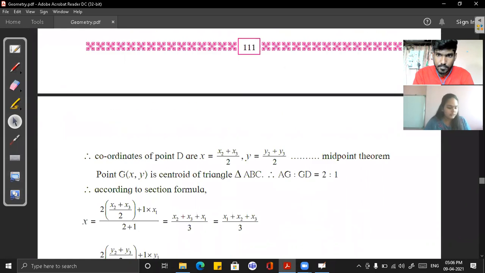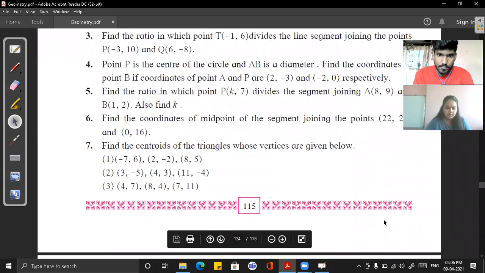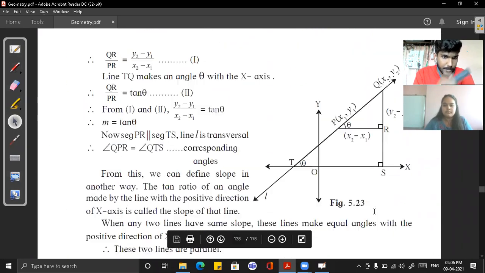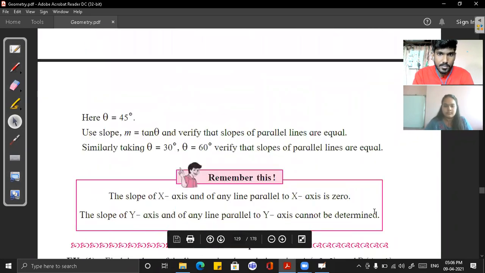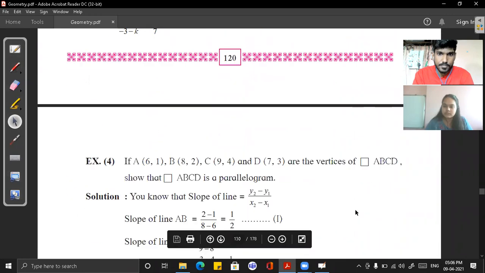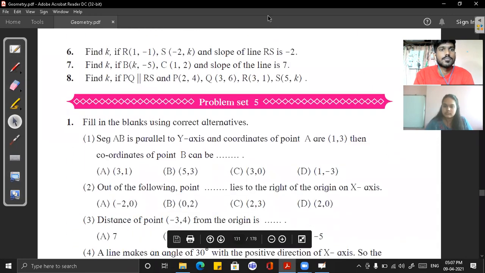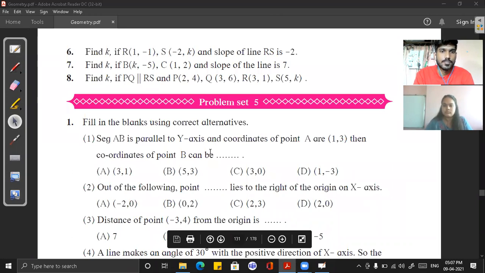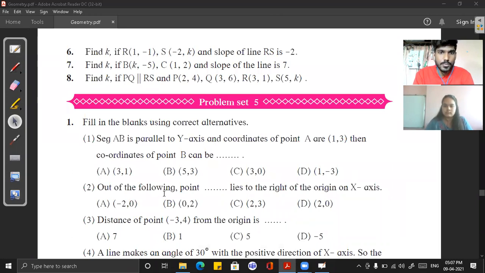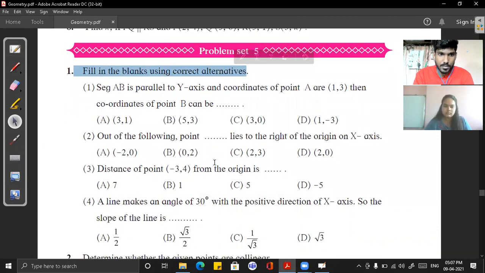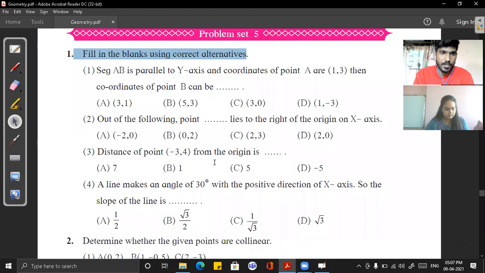Maybe I can do 1, 2, 6, 10, 11, 12, and 15. Okay. So yes, question 1. Fill in the blanks. You will be able to do it.